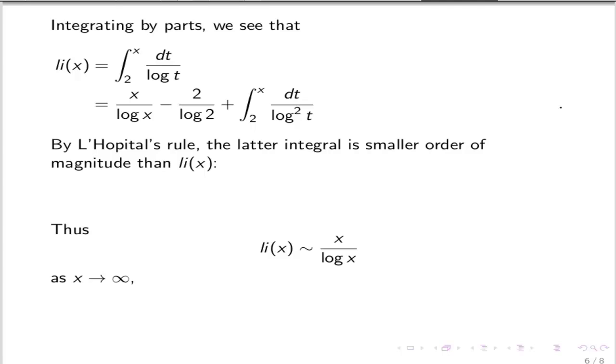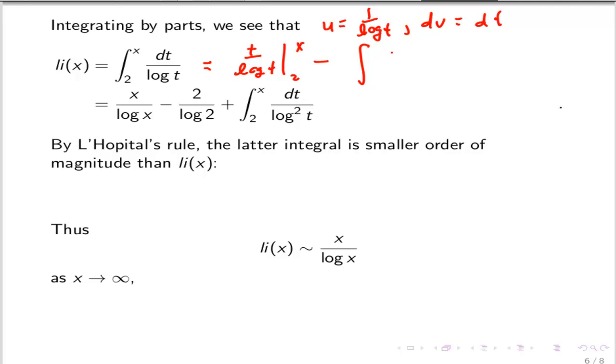So how do you integrate this by parts? I'm going to differentiate 1 over log t, and integrate dt. So you get uv minus the integral of v du.